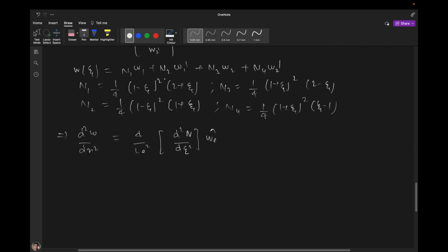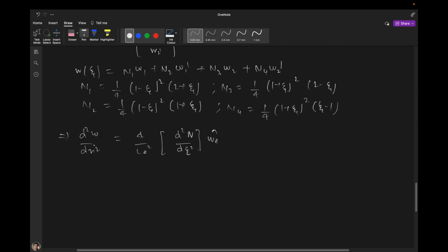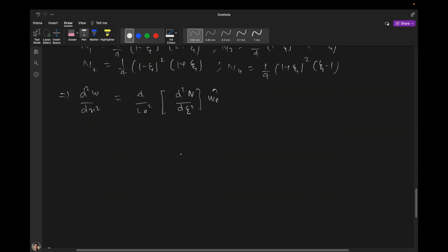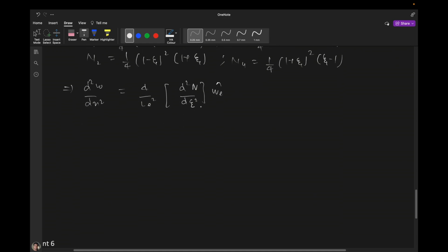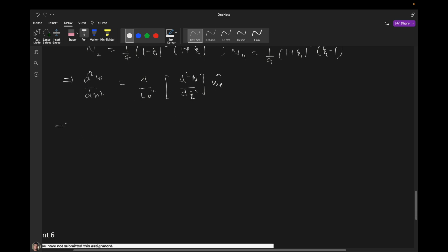After differentiating N, it becomes 4 by Le square times 3 zeta by 2, Le by 4 (3 zeta minus 1), and 3 zeta by 2, Le by 4 (3 zeta plus 1), and the w e vector.